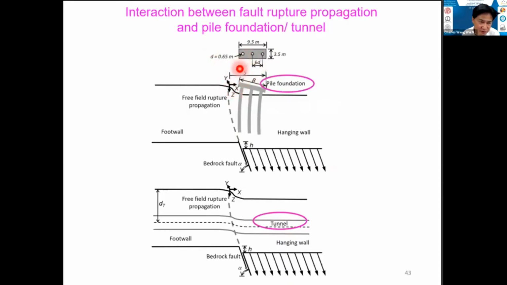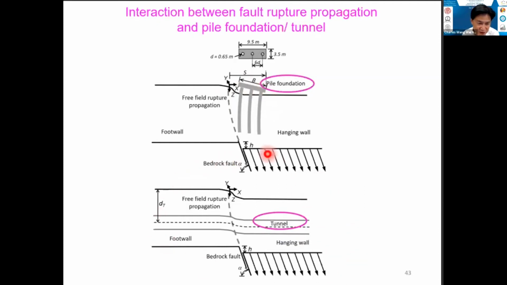There's a very important dimension called S. S is measured from the free field rupture outcrop to the far end of the pile group, defined as S in the x direction. And the width of the pile cap is called B. We are going to use this dimension later in a minute.